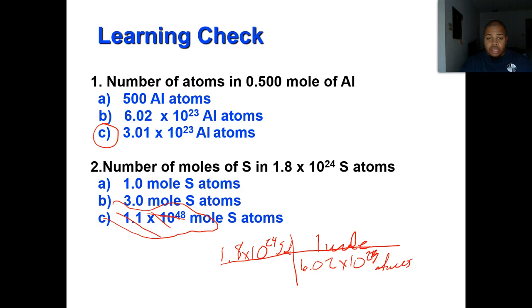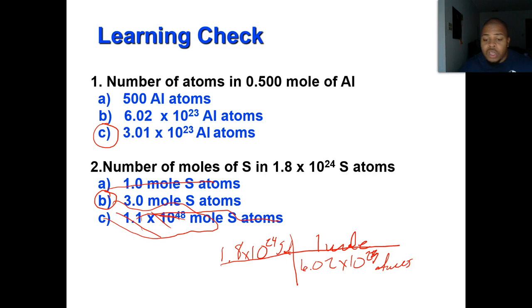If I punch it into my calculator, 1.8 times 10 to the 24th, and divide that value by 6.02 times 10 to the 23rd, I come out with 2.99, which is approximately, if you guessed it, 3 moles. This will be our actual final answer. Remember, not the other one. And we know it's not 1 mole because 1 mole would be 6.02 times 10 to the 23rd. So we have our final answer.